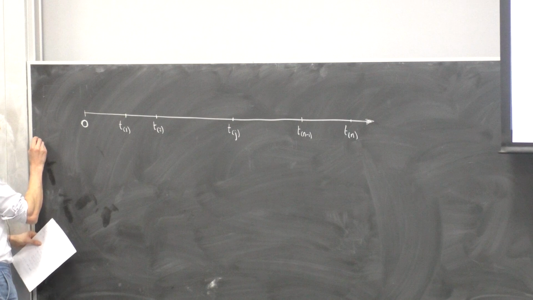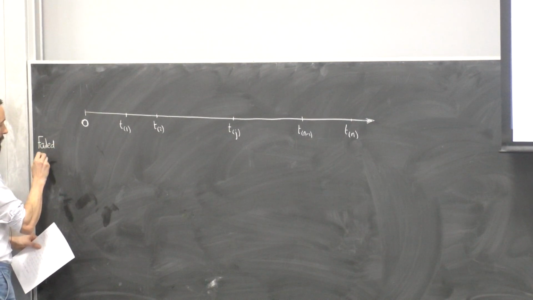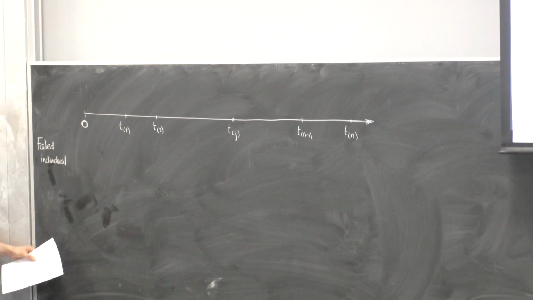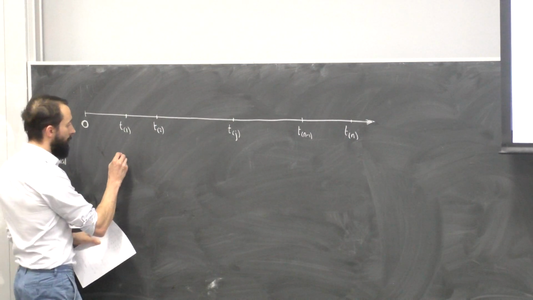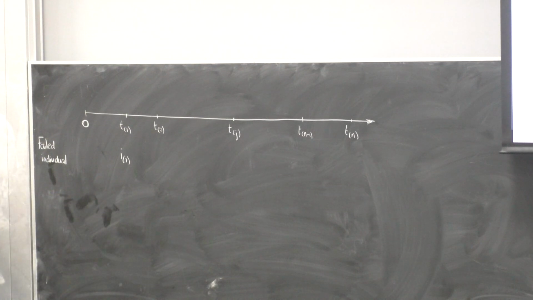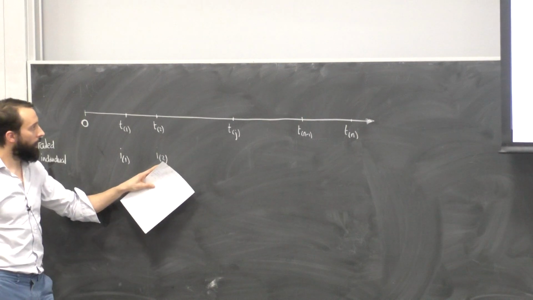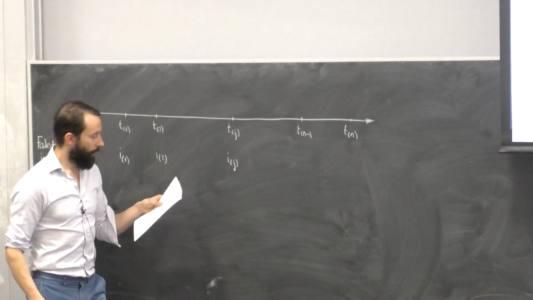I can have a little column that lists who the actual failed individual was. At time T1, the individual who failed is I1. Here, the individual who failed is the second person to fail, I2. Here, it's the jth person to fail.